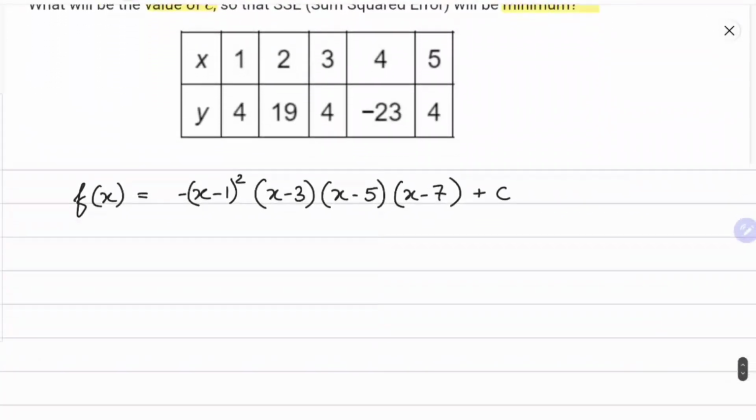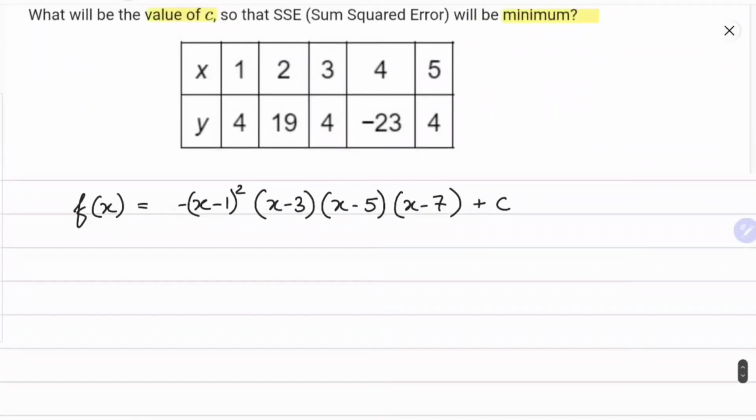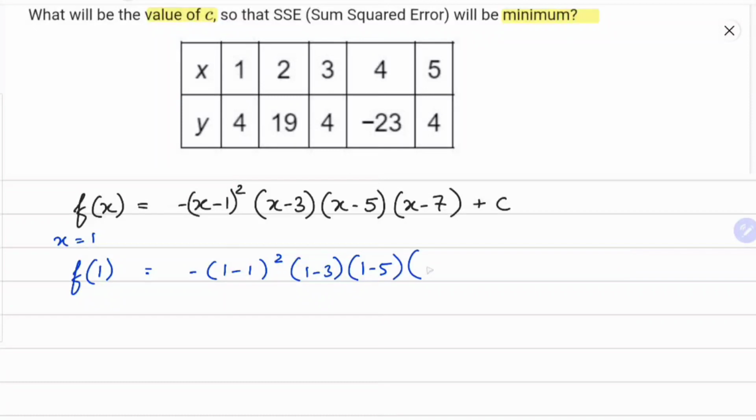So we are given f(x) as (x-1)^2 (x-3)(x-5)(x-7), so let's find out f at x equals 1. So f(1) is (1-1)^2 (1-3)(1-5)(1-7) + c. Here you can clearly observe that because of this term, the whole expression comes out to be 0.